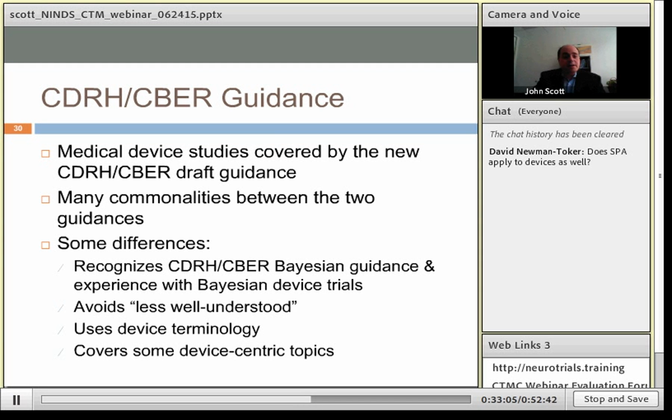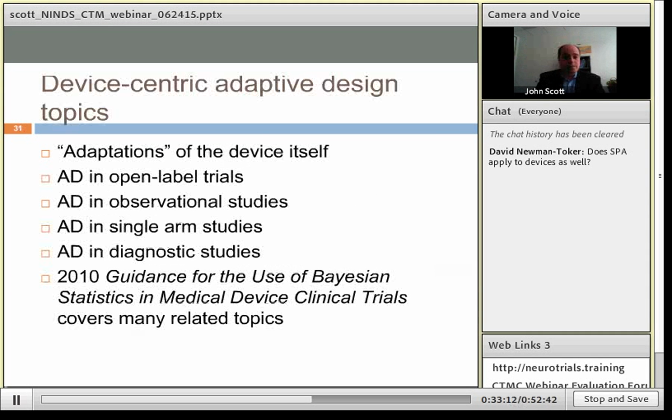And finally, the device guidance talks about some things that are of either unique or particular importance in device trials. So those topics include what they call adaptations of the device itself. I don't love this language either. I would call it modifications of the device, which is not really that uncommon in device trials.